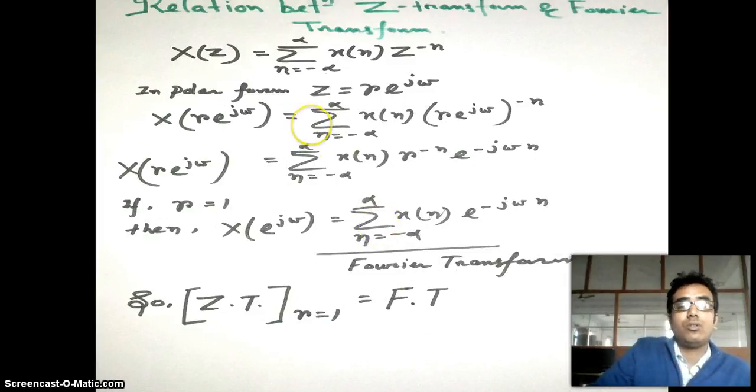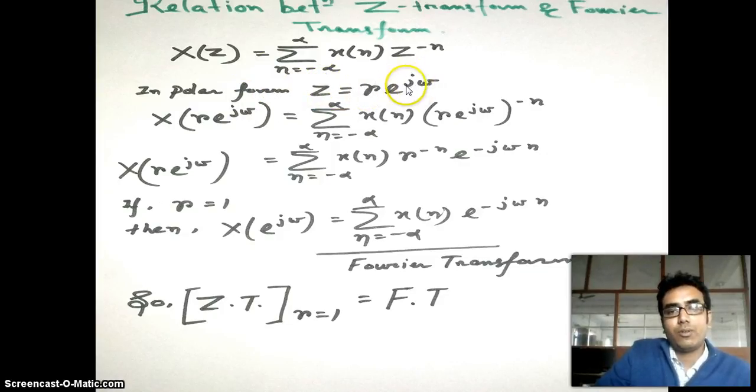Now we will go for the relation between Z transform and Fourier transform. Suppose there is a discrete signal x[n]. What will be the Z transform of x[n]? X(z) is the sum from n equal to minus infinity to infinity of x[n] z to the power minus n. In polar form, as I told you at first, Z transform is a complex frequency domain transform, so the value of z is r e to the power j omega.